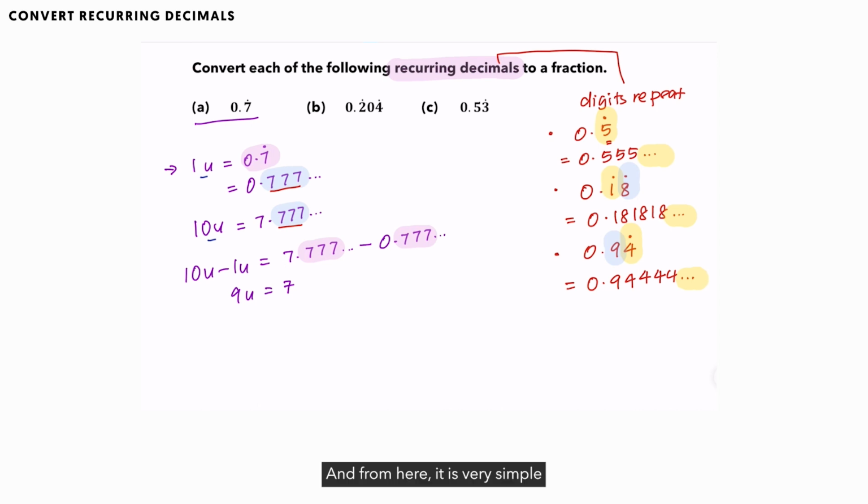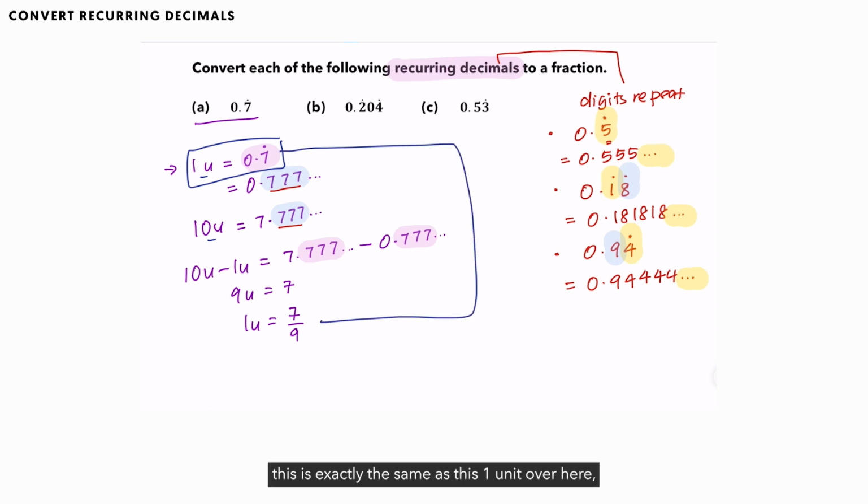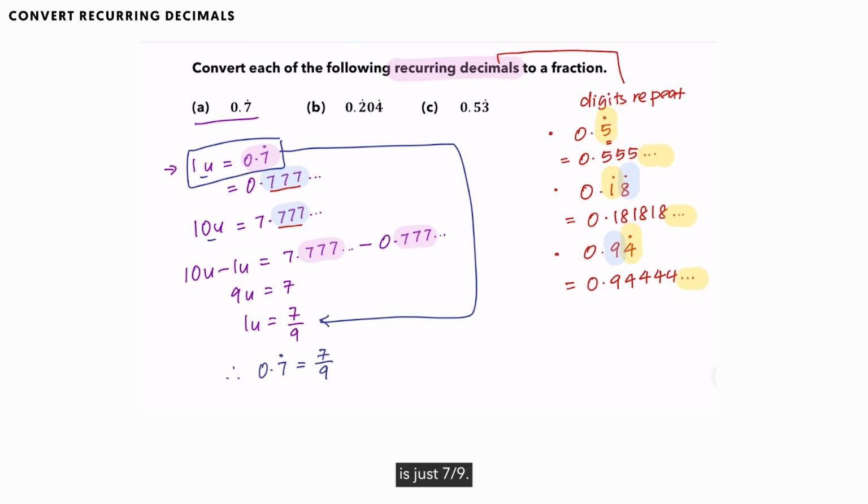And from here, it is very simple because I can easily find 1 unit. 1 unit is simply 7 over 9. So since we said earlier that 1 unit is 0.7 with a dot, which is the recurring decimal, this is exactly the same as this 1 unit, which is 7 over 9. So therefore, we can conclude that 0.7 with a dot is just 7 over 9.